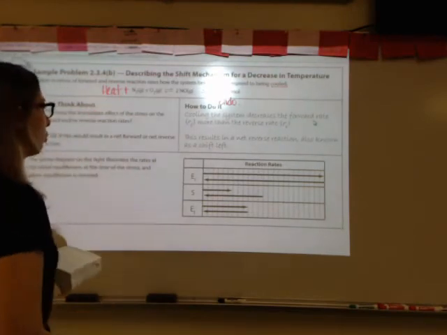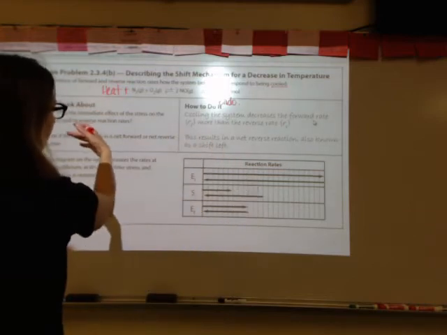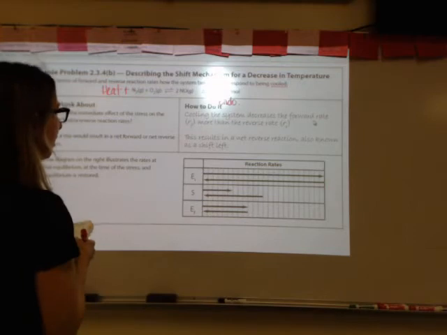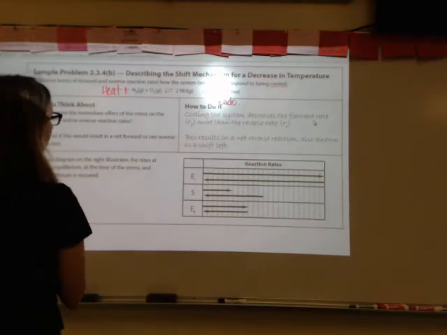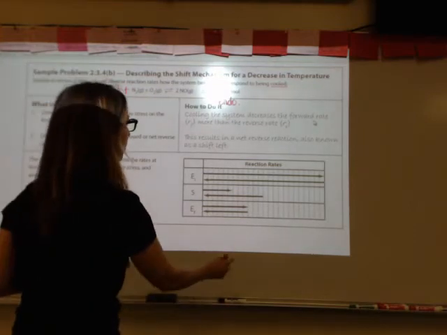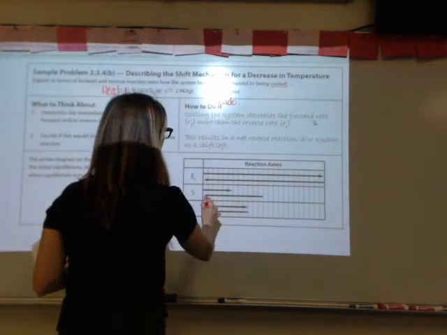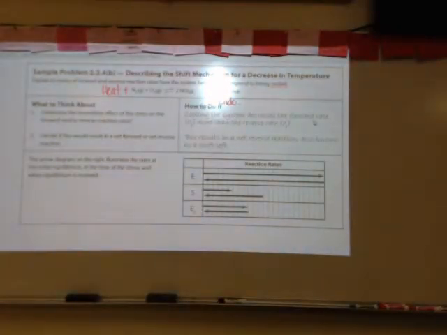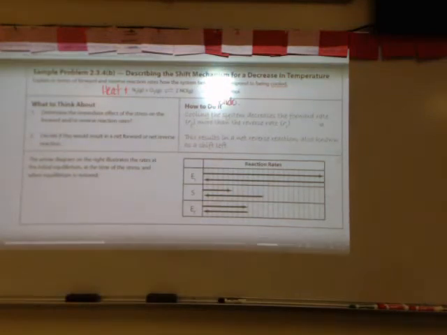So that means you would need to shift to the left to replace some of that heat. So when you cool this, you're going to see a decrease in the forward rate more than the reverse rate, which is why you're going to end up with this net reverse reaction, which is why you're shifting to the left. Let's take a look at some sample problems on the next page.